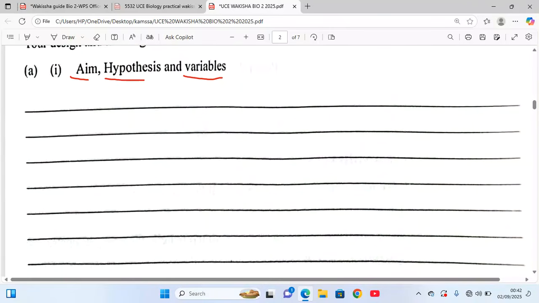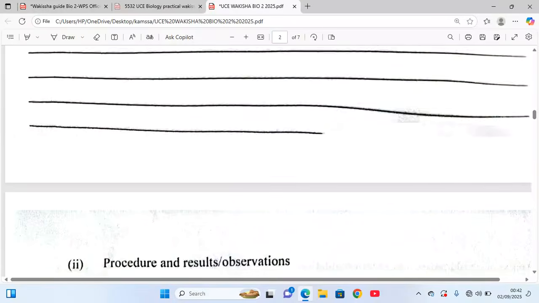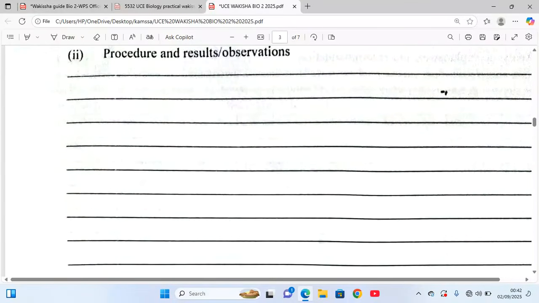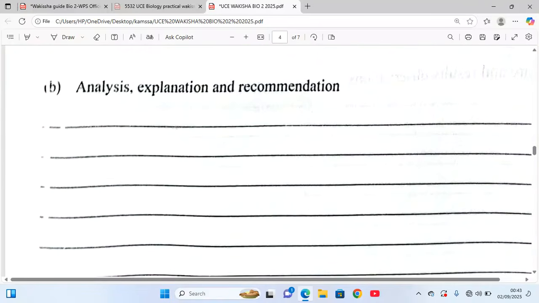Note that we don't have the apparatus, meaning they are to be shown in the procedure and results, and then we have the analysis, explanation and recommendation.